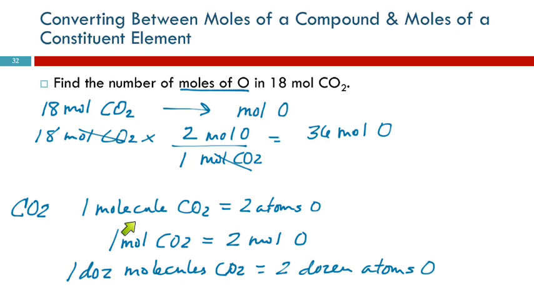When we go from this 1 molecule equals 2 atoms to 1 mole equals 2 moles, we've gone from a counting number to a very big number, but the ratio is the same, and because we started with an exact number, this ratio is still exact. A number of moles of substance is not exact. So here's our answer, 36. I'm not going to try to trick you with stuff like that, but I just want to explain it. Any questions?